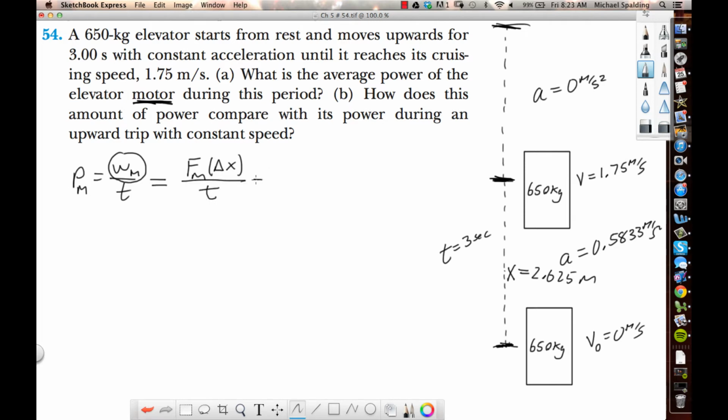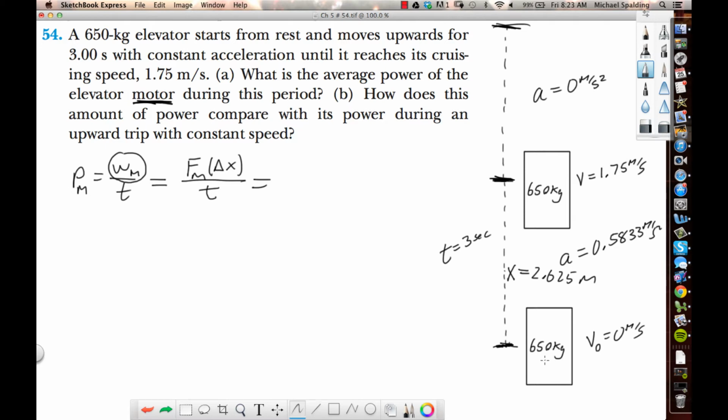Okay, so look, do we have delta x? Yeah, what's the delta x? That's this. That's how far, that's the distance that the force of the motor acts for, 2.6 meters. Do we have the time? Yeah. So what's the only thing remaining to get? We got to solve for the force of the motor.